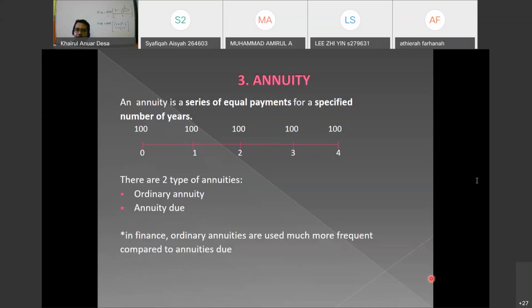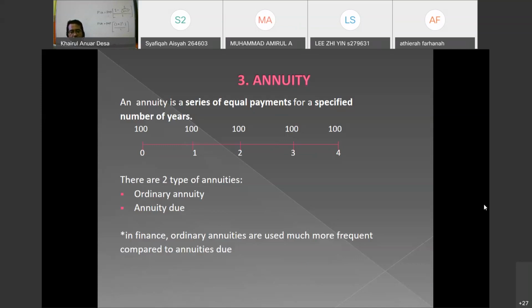Alright, you can see here, the examples, like when we pay for a car, a car loan. We pay the same amount every month for 7 years. Very precise.